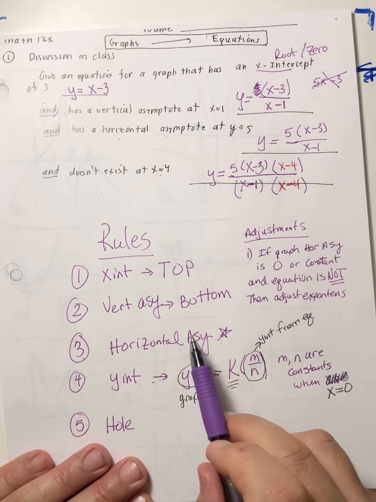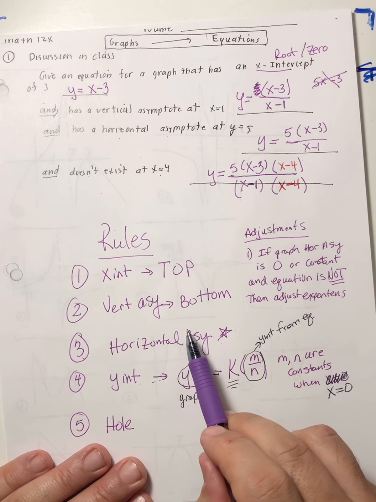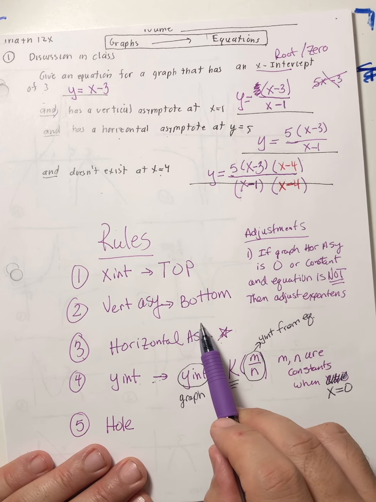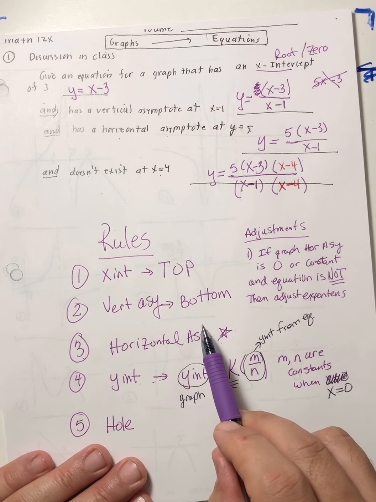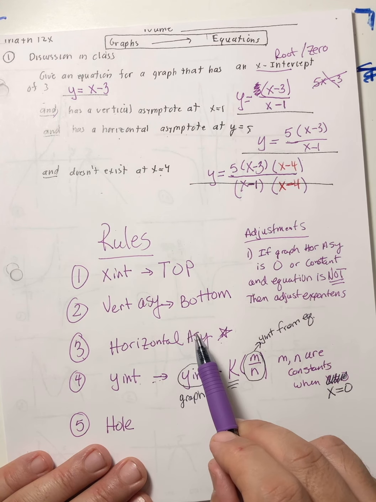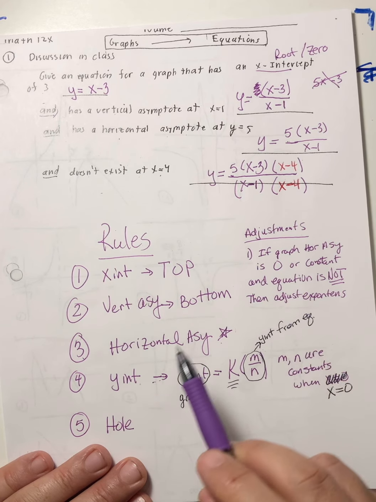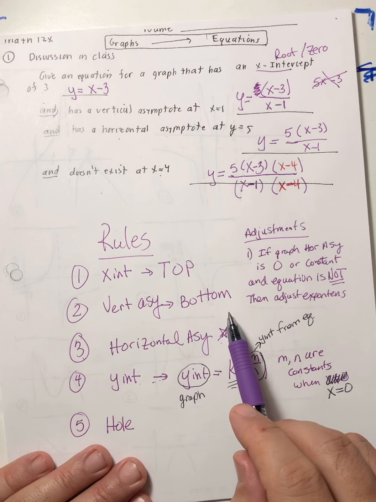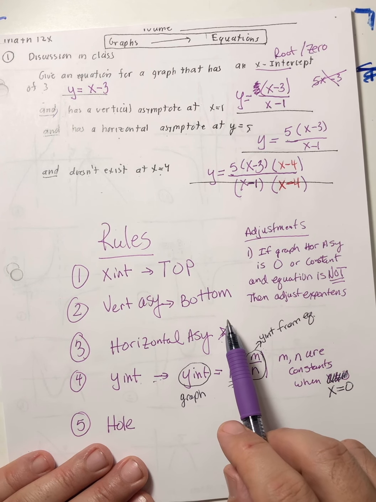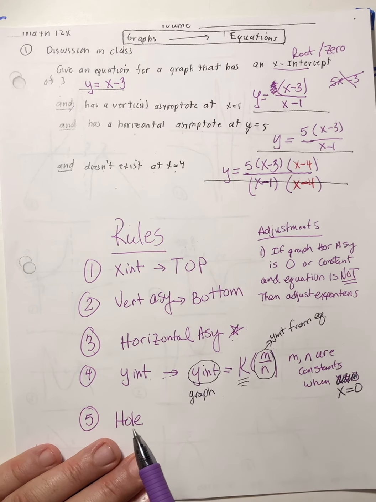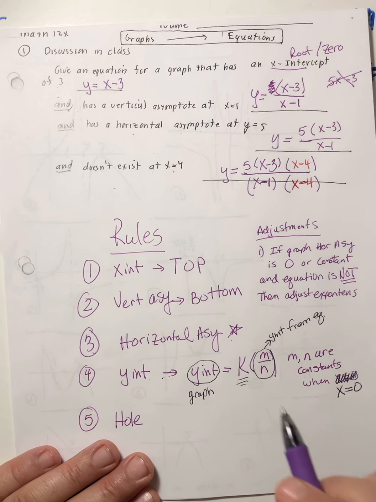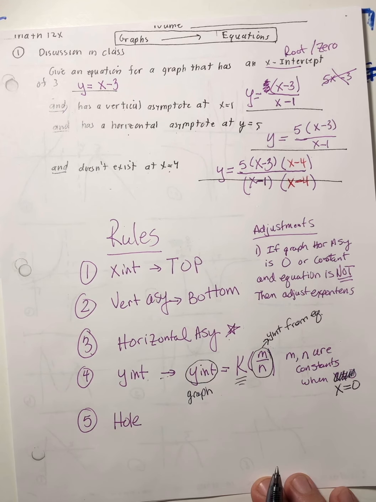If you have a term that's being squared, then maybe you have to change it to a power of 4 to make it work. Or if you have a term that is x to the power of 1, then maybe you have to change your exponent to x to the power of 3. An odd exponent with an odd exponent, an even exponent with an even exponent. That's what I mean by adjusting the exponents.